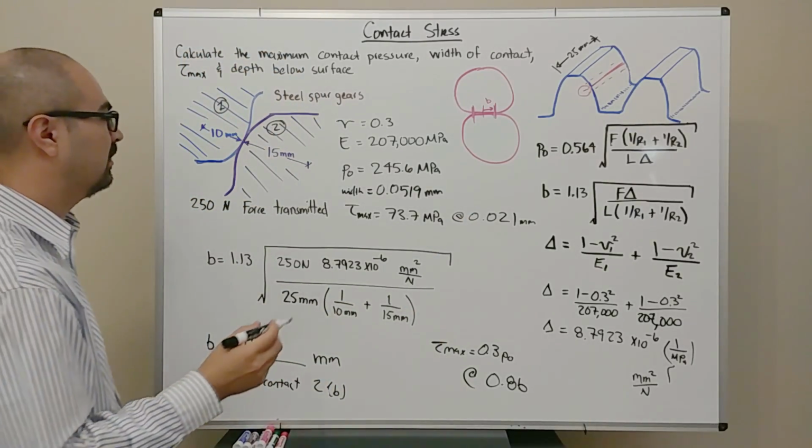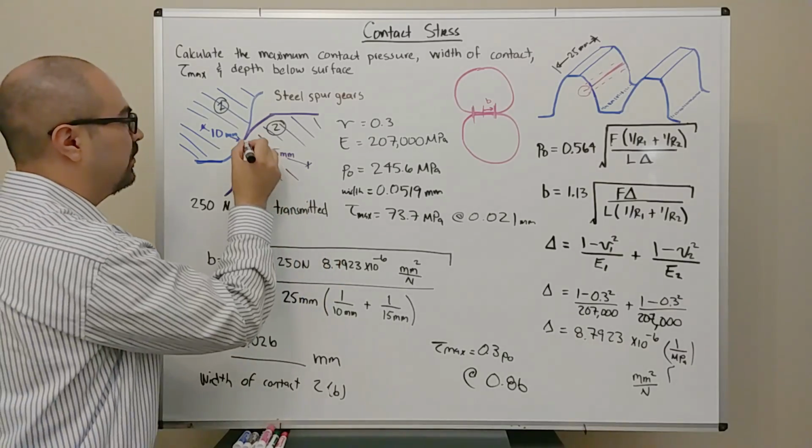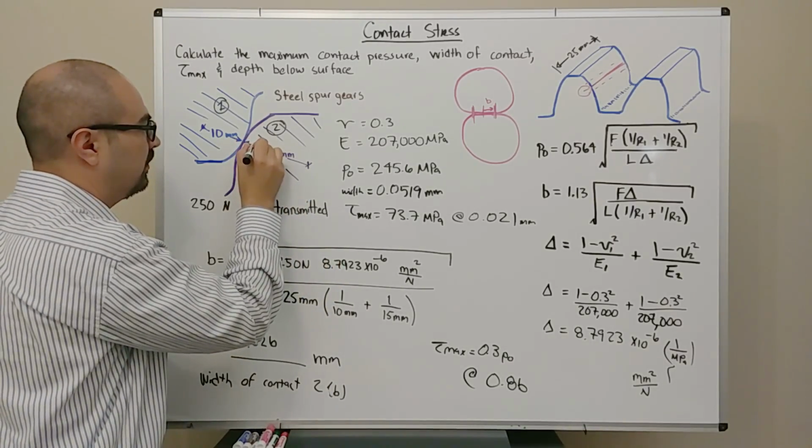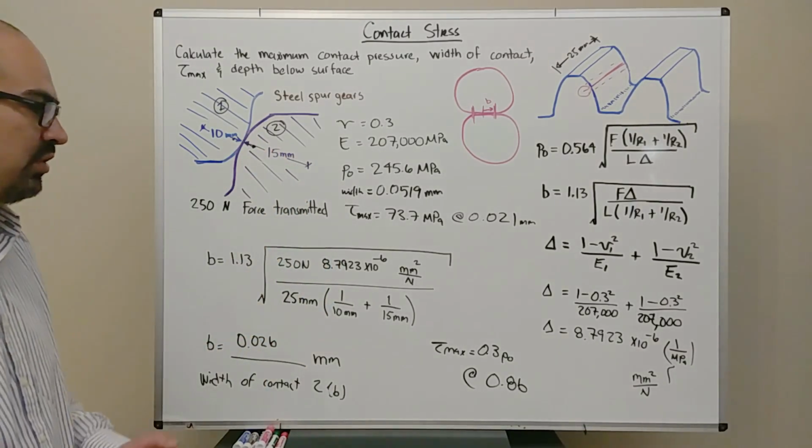So that means that 0.021 millimeters below the surface, we can go this direction or this one over here, that's where the maximum shear stress is going to act.